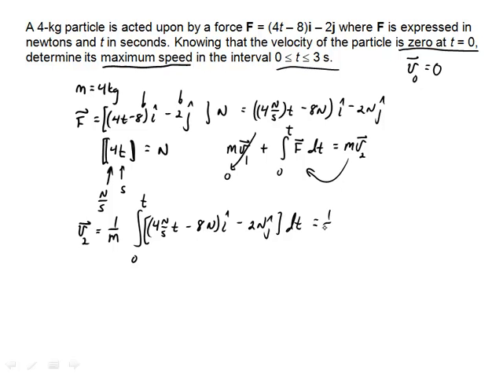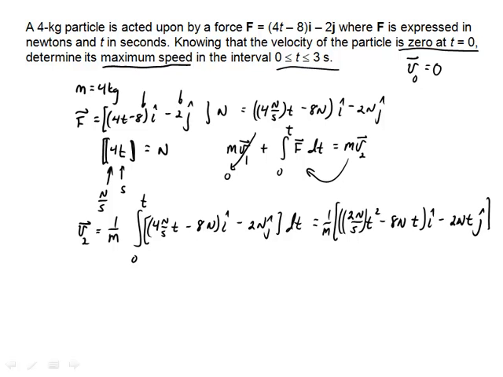That's going to give me 1 over mass times 2 newtons per second t squared, because the integral of t is t squared over 2, so the over 2 will cancel part of the 4, minus 8 newtons times t, in the i hat direction, minus 2 newtons times t in the j hat direction.